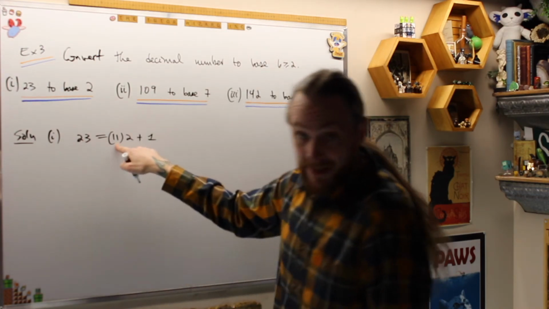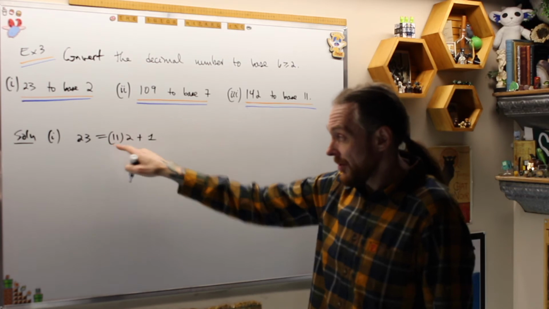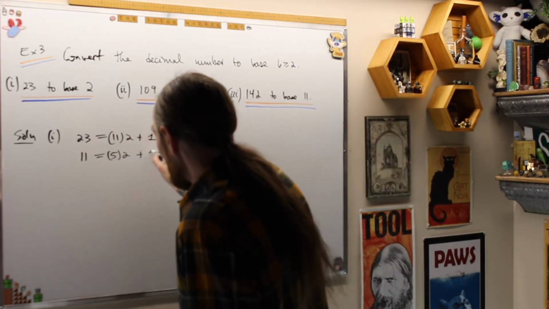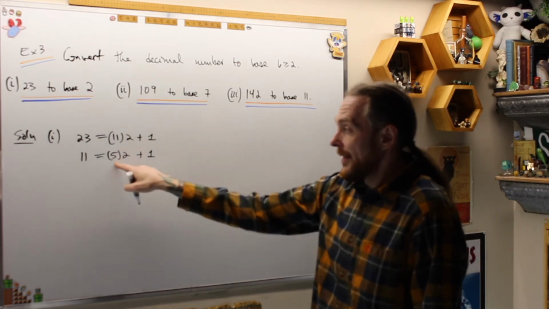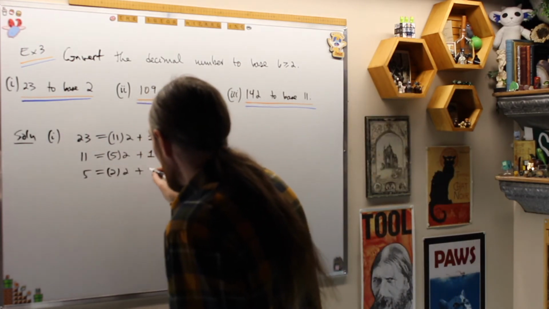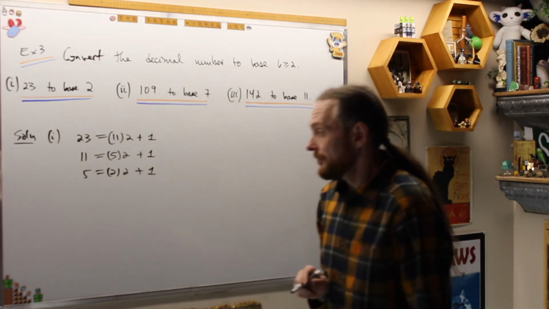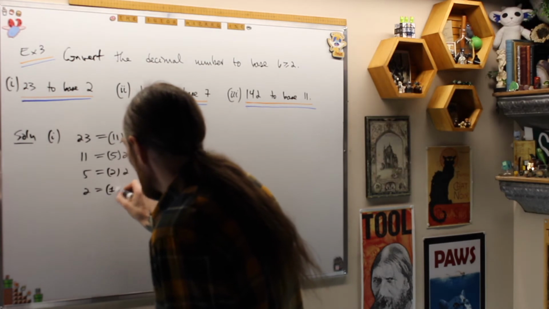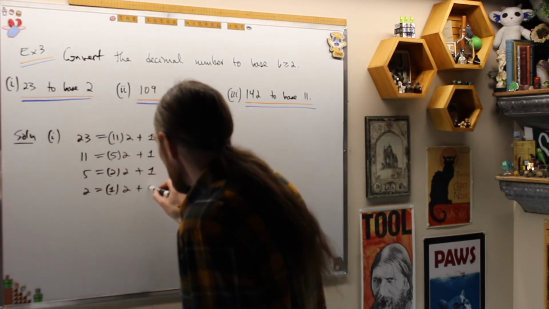Then the next quotient is what I divide 2 into. 2 goes into 11: 11 is 5 groups of 2 plus 1. And then I use the 5. 5 is 2 groups of 2 plus 1. And then finally, 2 is 1 group of 2 plus 0.